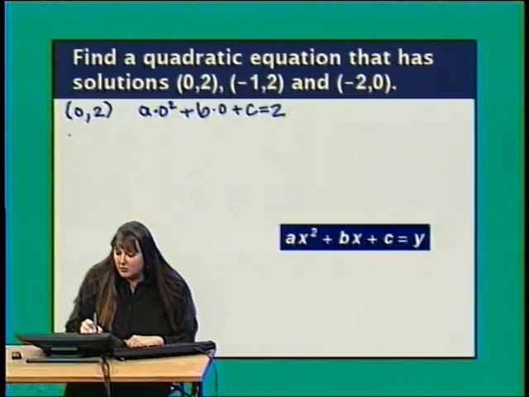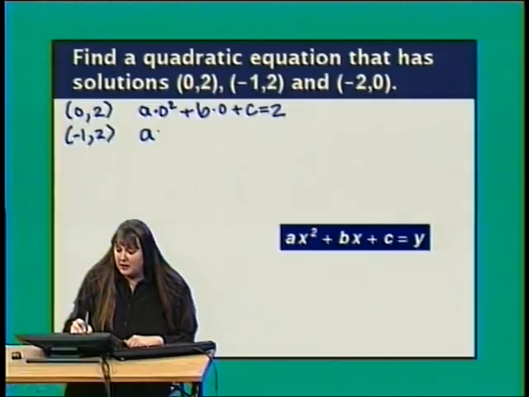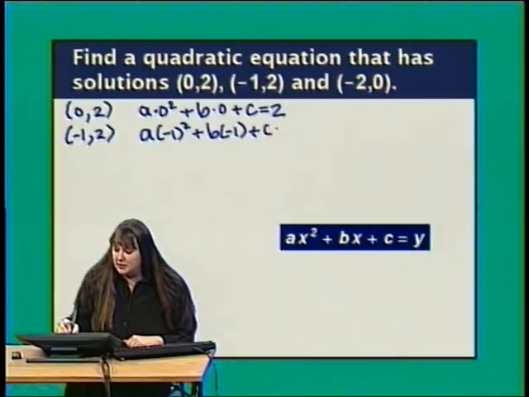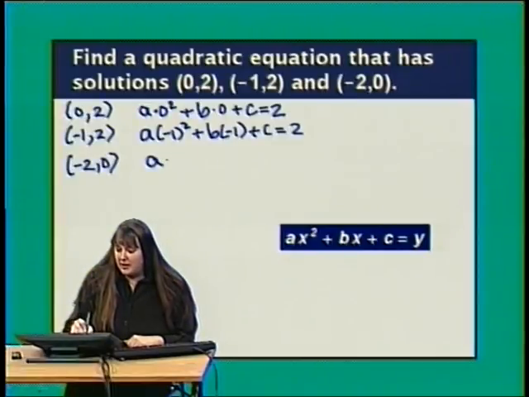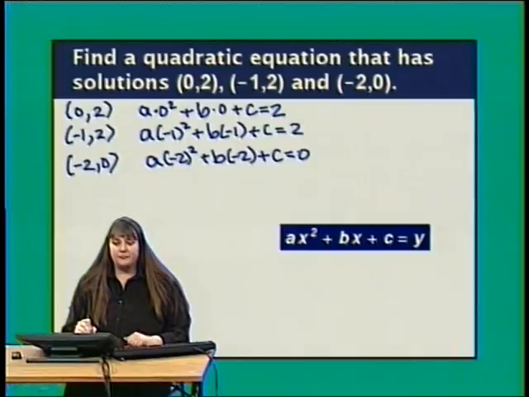My second ordered pair, (-1, 2), gives me a times the square of negative 1 plus b times negative 1 plus c equals 2. That third ordered pair, (-2, 0), leads to a times the square of negative 2 plus b times negative 2 plus c equals 0.